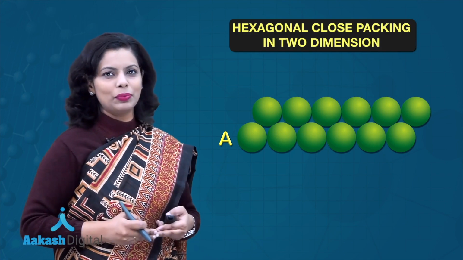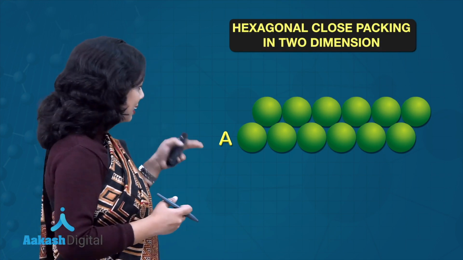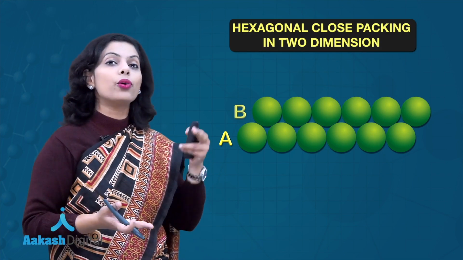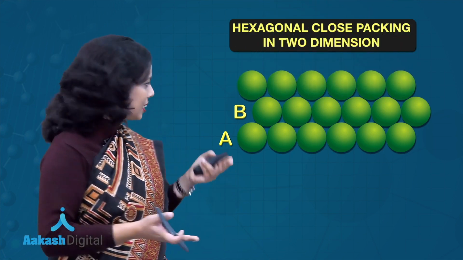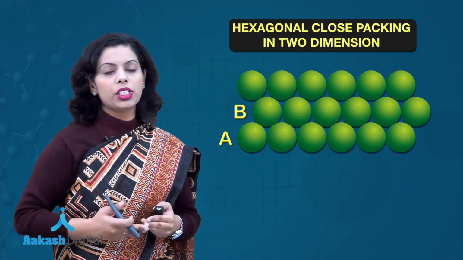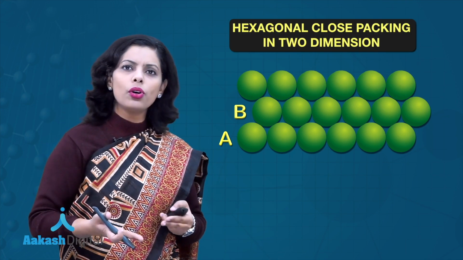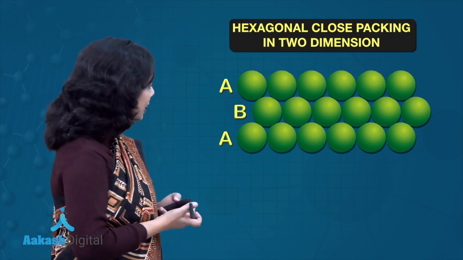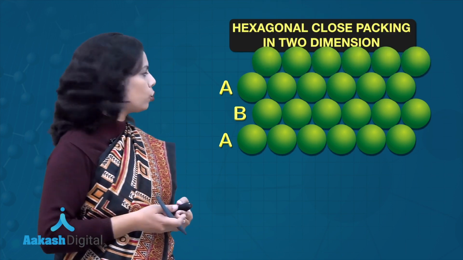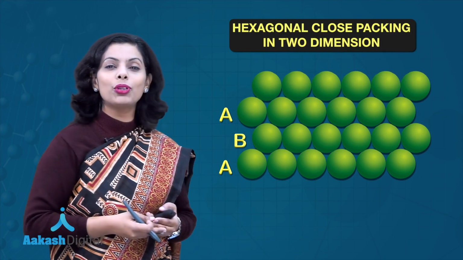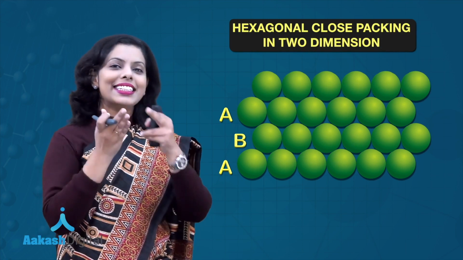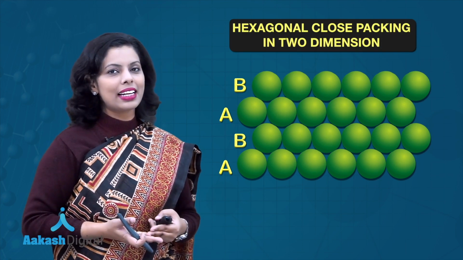I have placed that. You can clearly see that in this case row A and row B are different. Let's place the third row in the depressions of the second row. If you place that, you will see that the first row and third row are exactly similar. Now place the fourth row also. After placing the fourth row, you will identify that the second row and fourth row are exactly the same.